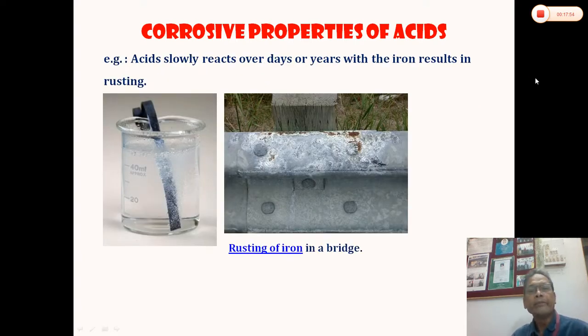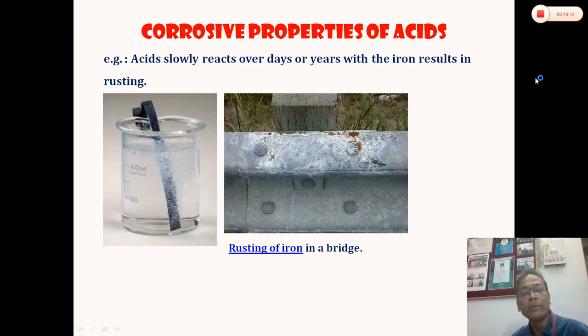Again, mostly the corrosion of iron, which is called rusting of iron. Iron is widely used in the preparation of homes or bridges or even rail bridges; iron is used everywhere. So what is the problem with iron?